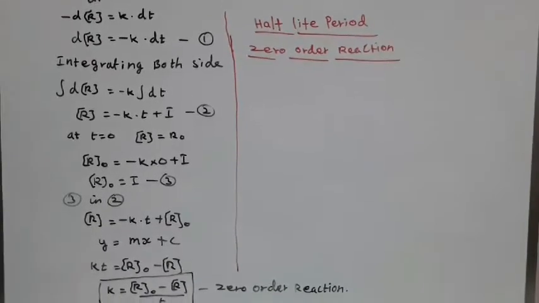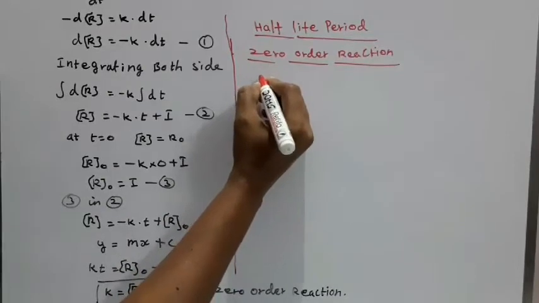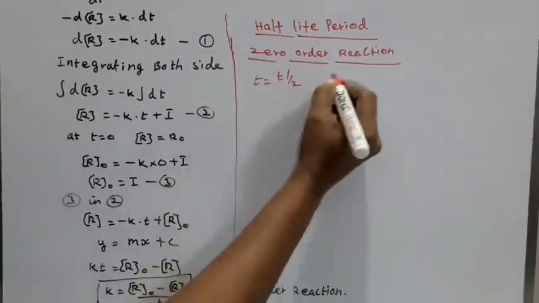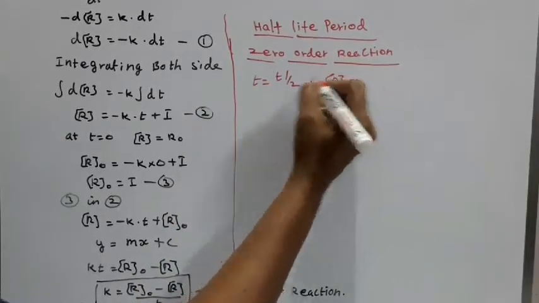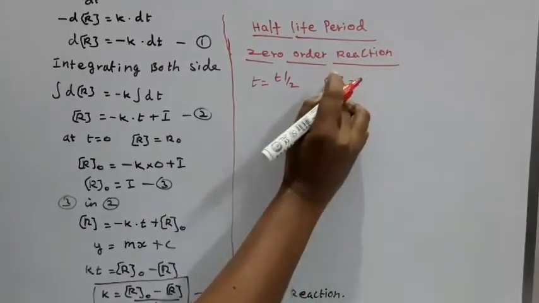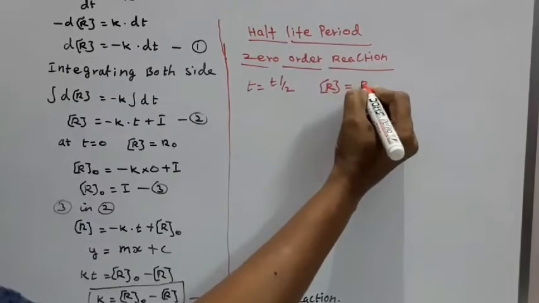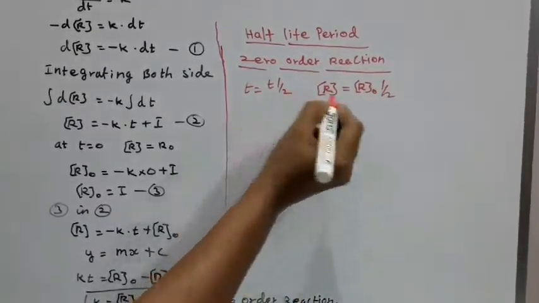So earlier at time t, the reactant concentration R reduces, at t equal to t half, to R0 by 2.